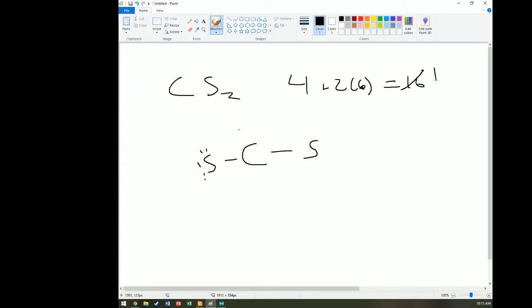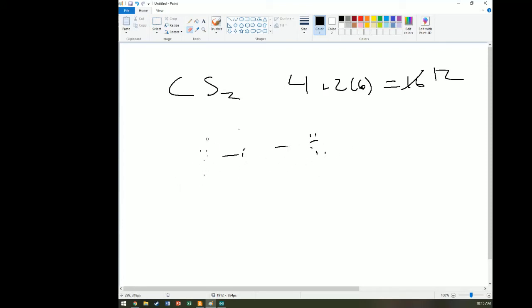So 12. Draw a lone pair. And ta-da. And then make sure everything obeys the octet rule. Clearly carbon is not, so we'll put a bond there, we'll put a bond there. And ta-da, we have carbon disulphide.